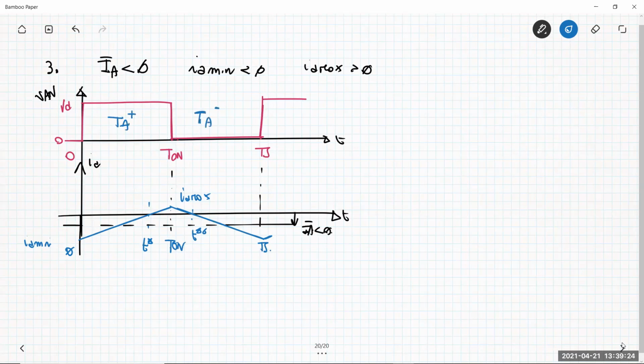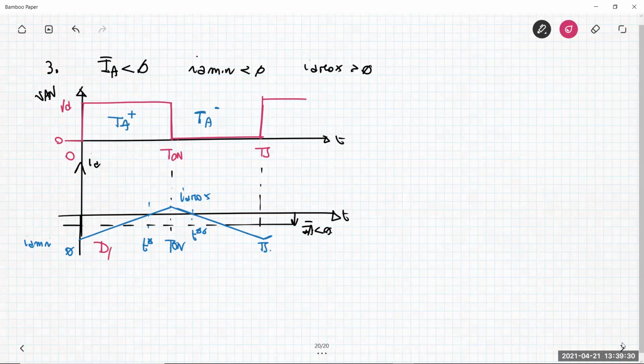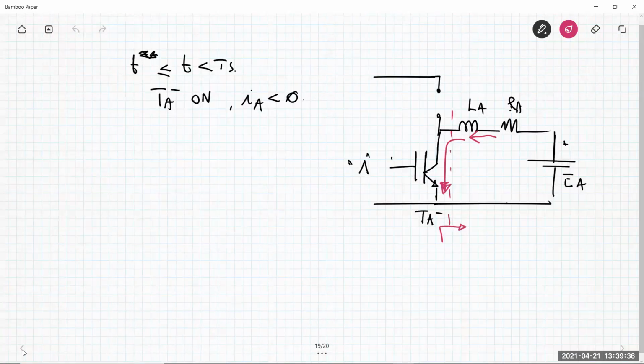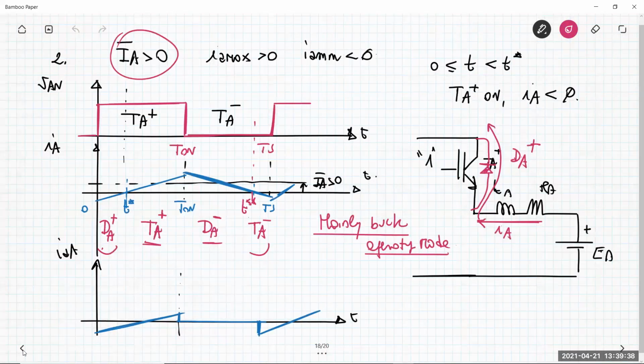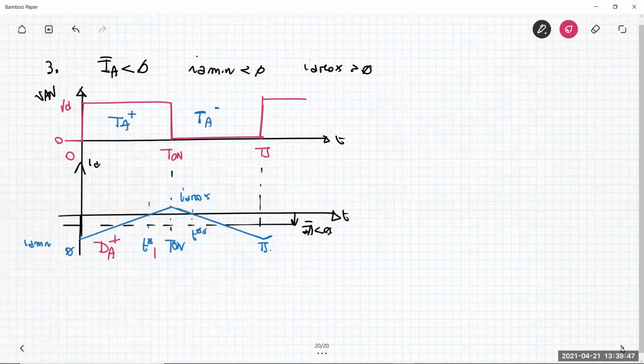TA plus, TA minus conduct in 2 different intervals. The devices that conduct are TA plus here, when the current is negative, exactly as it happens in this interval here, TA plus, here in this small interval here.